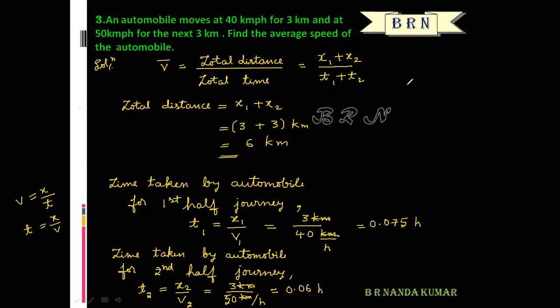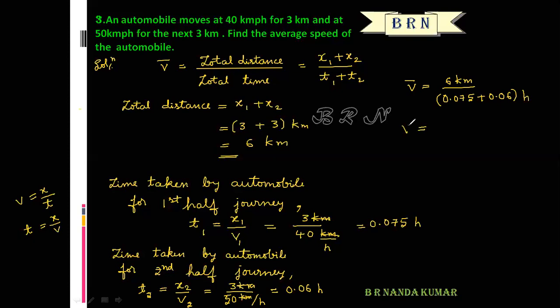So average speed is equal to total distance traveled, that is 6 kilometer, divided by total time taken, that is 0.075 plus 0.06 hour, where hour is taken as common.